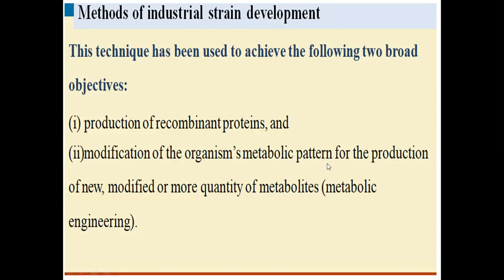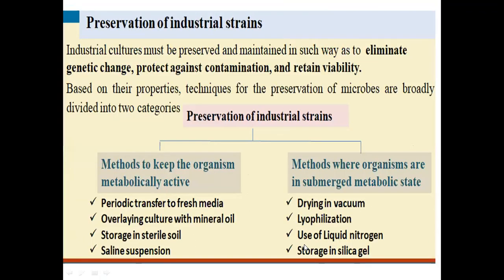As I mentioned, you can delete some enzymes in a metabolic pathway, you can add extra enzymes in the metabolic pathway, so that is called metabolic engineering. You remember glycolysis, it goes from glucose to pyruvate, and there are several enzymes involved. So you can add some enzymes or delete some enzymes depending upon your requirement, right?